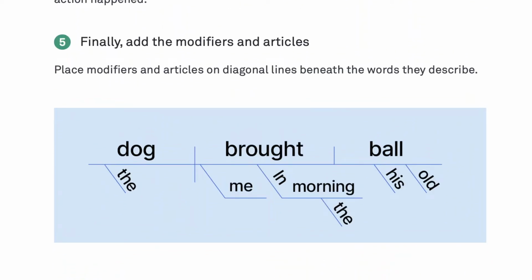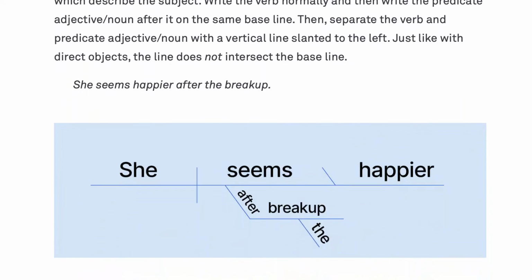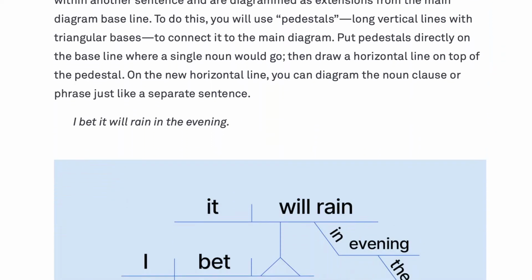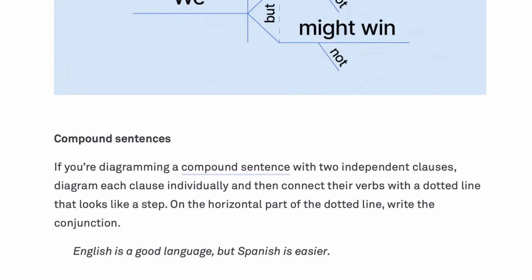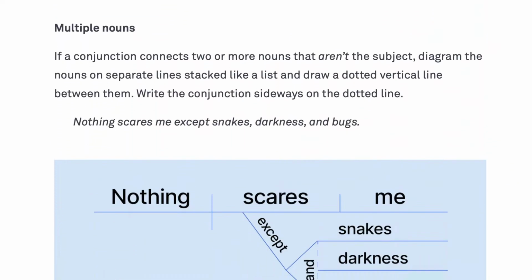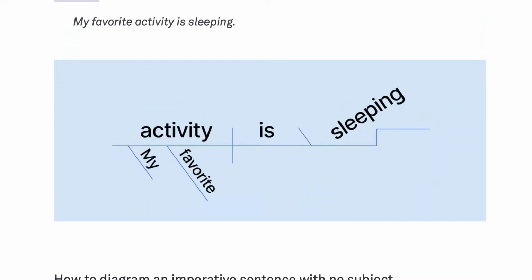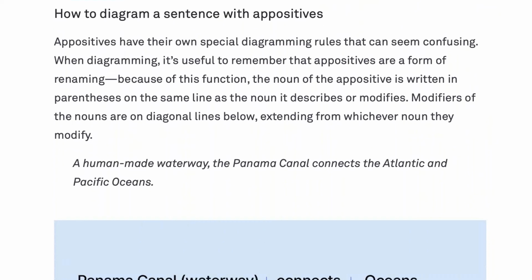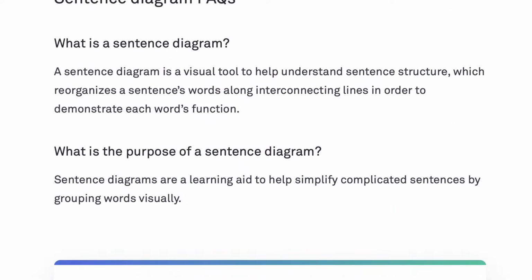Step 5, there's our articles and adjectives. Step 6 are modifiers. And then we get all kinds of additional information now with our modifiers there. So all kinds of additional examples that we're getting with complex sentences.